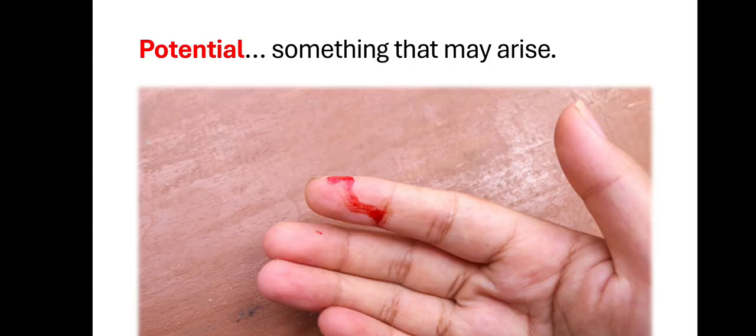On the potential, I've indicated that something may arise when you have a cut into the skin here. It doesn't mean that the microorganism has already gone there. It's just a cut. If it can be cleaned well and bandaged, there would be no risk for infection.